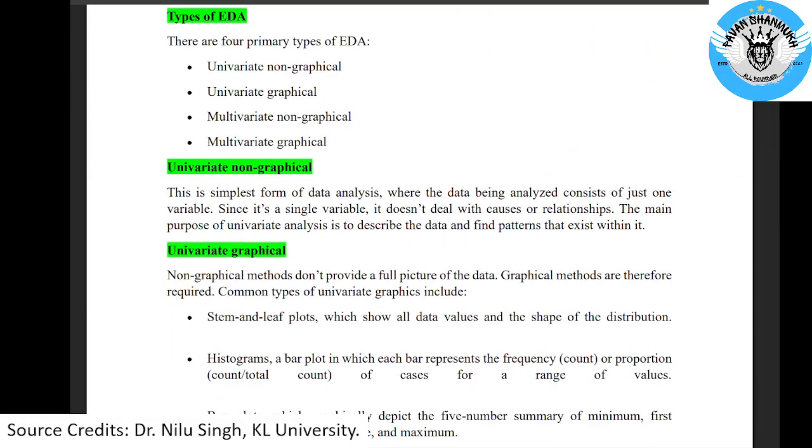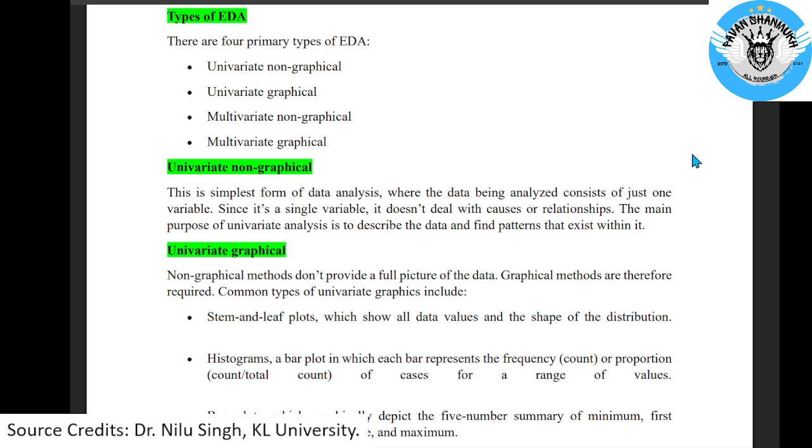In the same way, the types of EDA are four types: graphical and non-graphical of univariate, graphical and non-graphical of multivariate, combinedly called the four primary types of EDA. These four primary types of EDA are basically just for the purpose of data visualization.